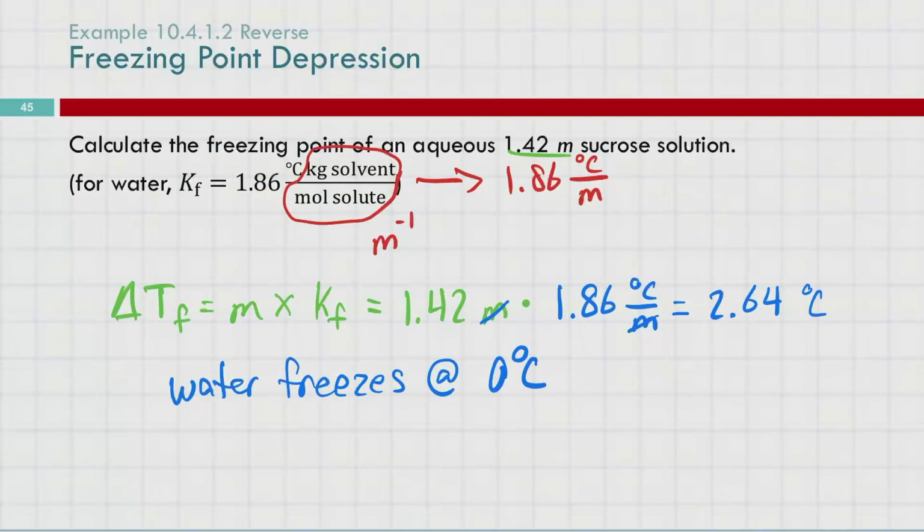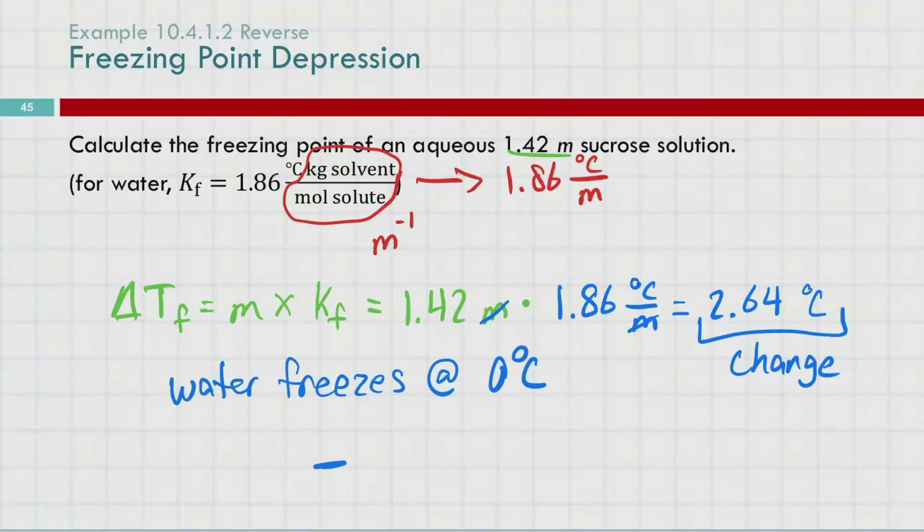What's the name of the principle that we're applying here? What's the name of the idea? Freezing point depression. That means that the freezing point goes down. We calculated not the freezing point, we calculated the change in the freezing point. We calculated how much it goes down. It goes down 2.64 degrees Celsius. This is not our freezing point, this is the change.